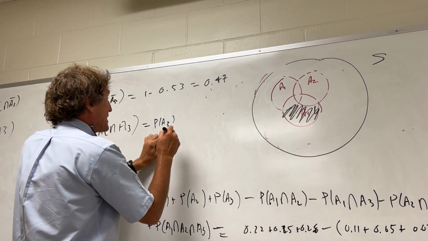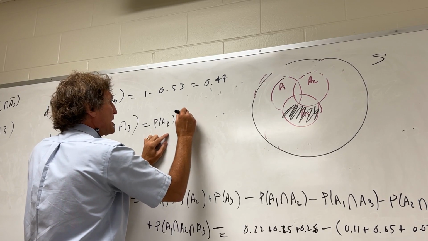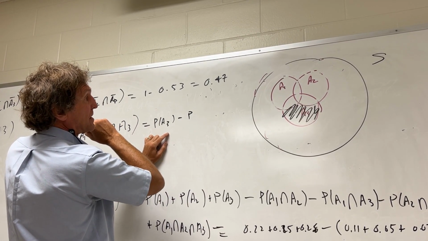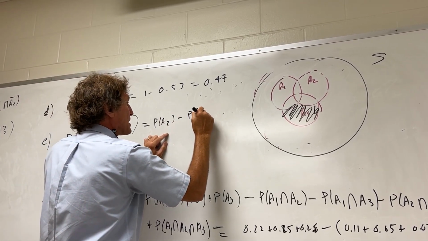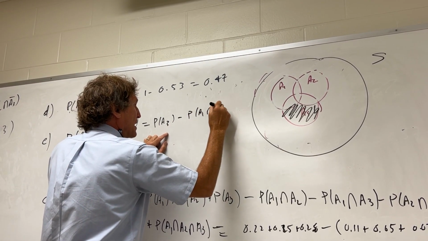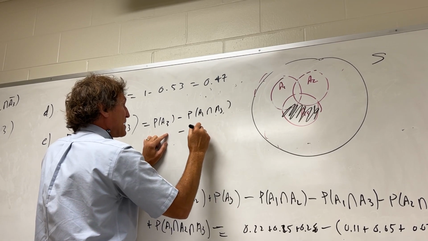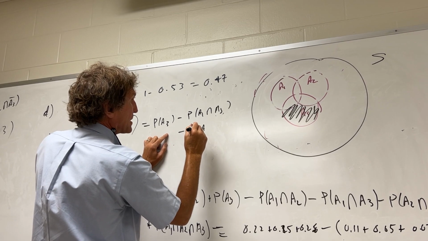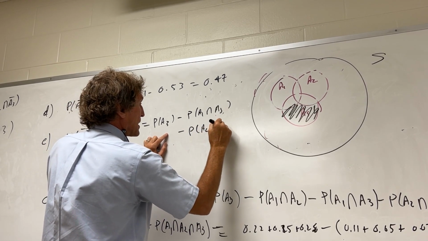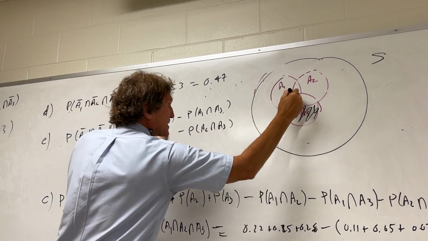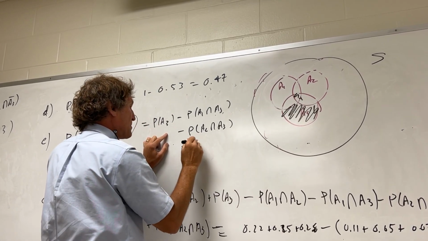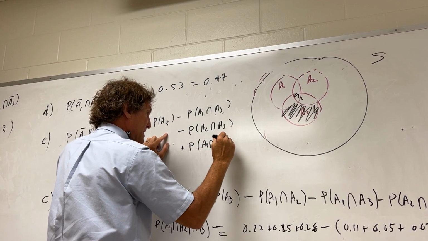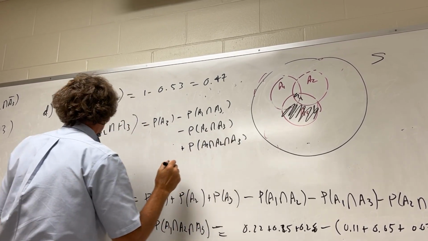It's that area, and then subtract P of A1, A3, right? Minus P of A2, A3. And then we have to add it, plus the probability of A1 intersect A2 intersect A3. Let's see if this works.